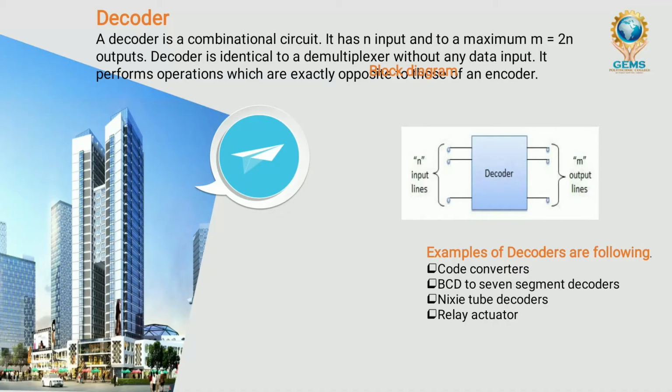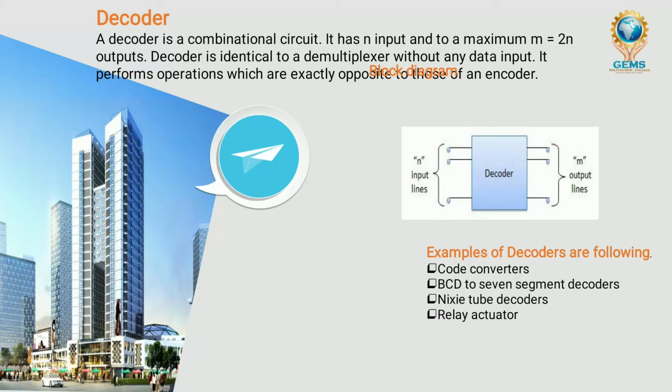So why do we call it a decoder? Simply because it is the reverse of the encoding. That's why it is called a decoder. The decoder and encoder are both quite opposite. The decoder converts the code into signals.